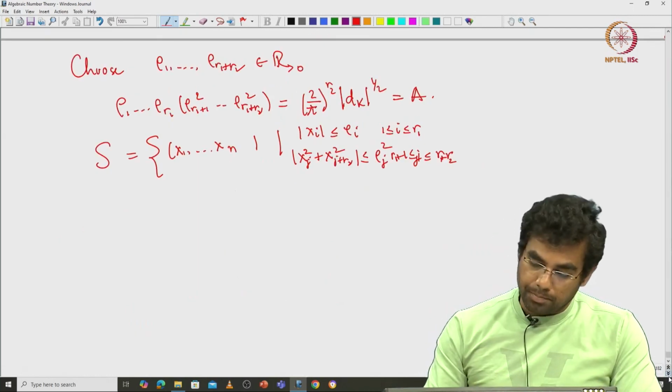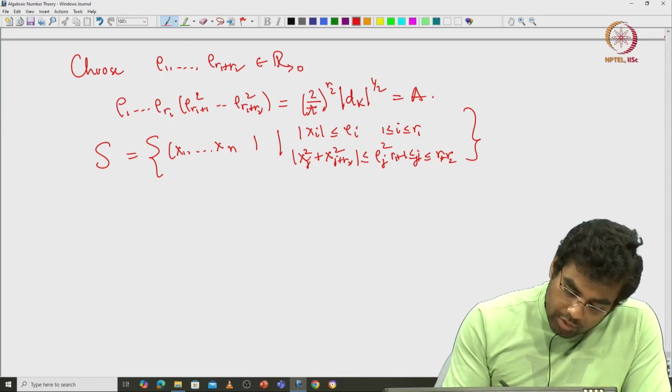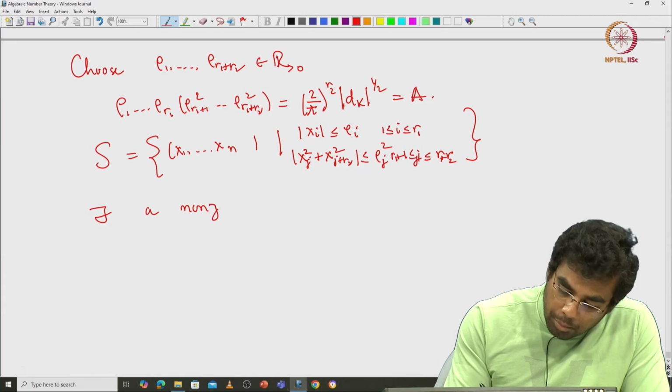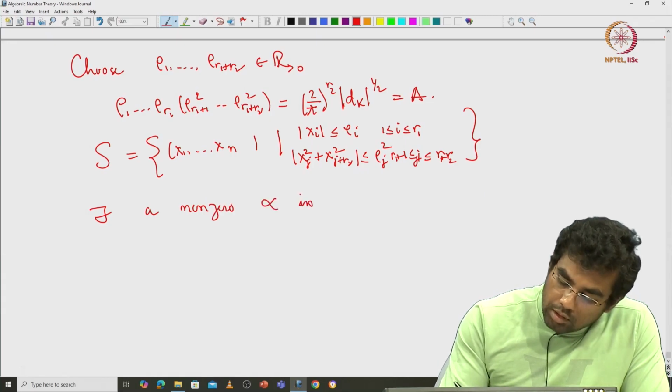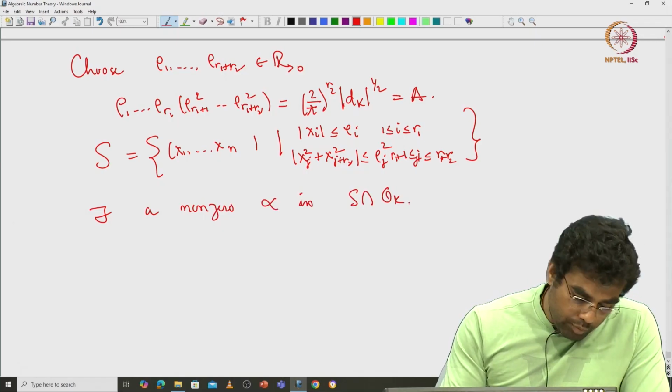All right. So, by using the result on geometry of numbers, there exists a non-zero alpha in S intersected with O_K, and we proved the following.